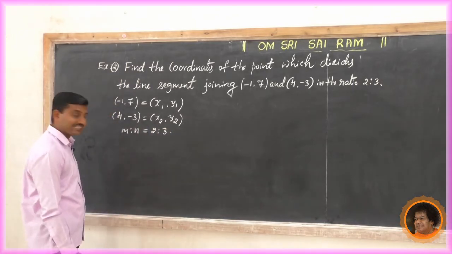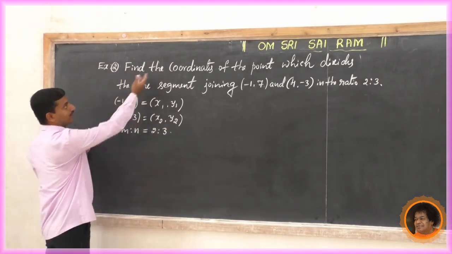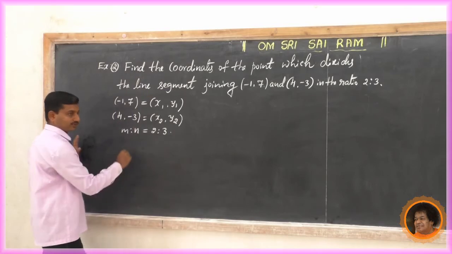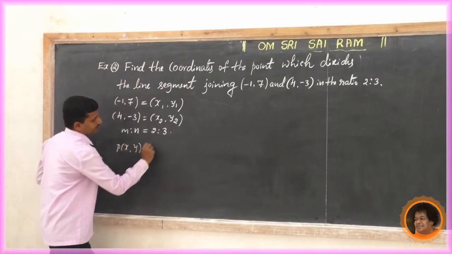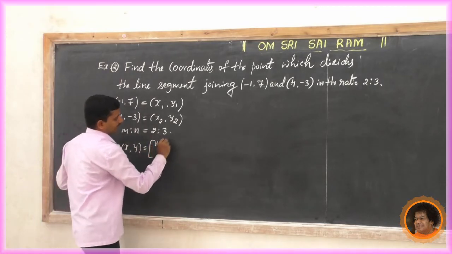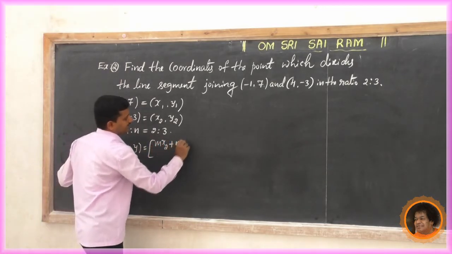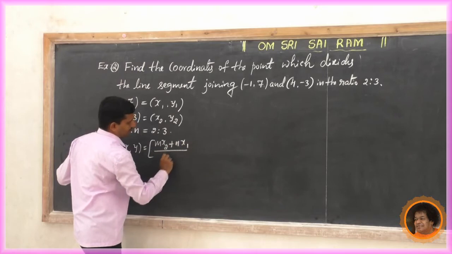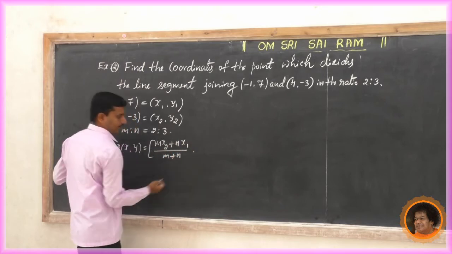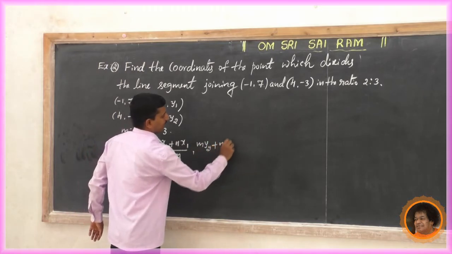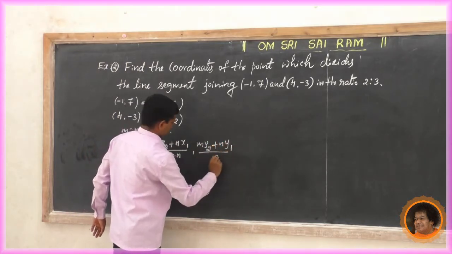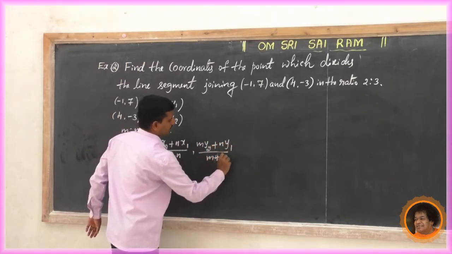Now using the section formula, we find the coordinates of that point. So the section formula, P(x, y) equal to (mx2 plus nx1) divided by (m plus n), (my2 plus ny1) divided by (m plus n).